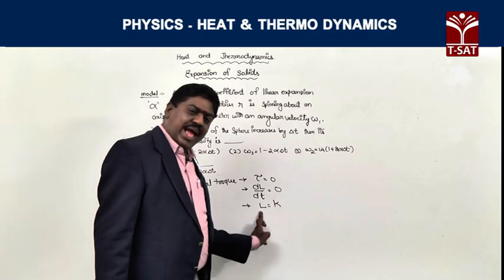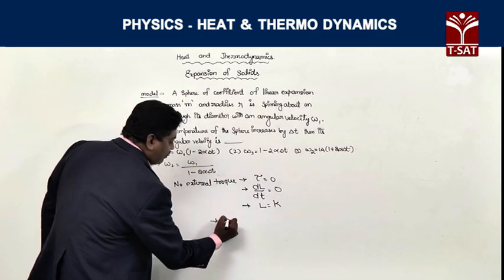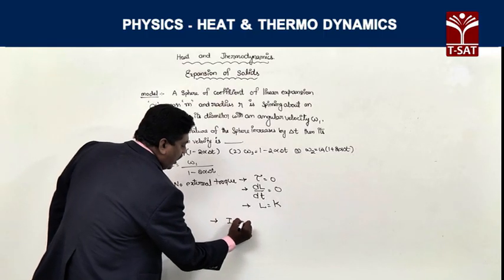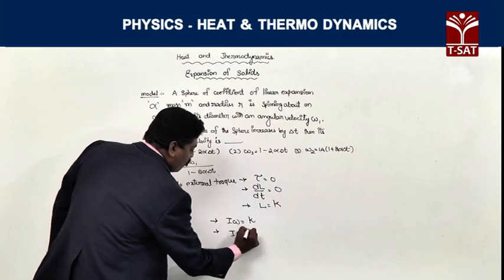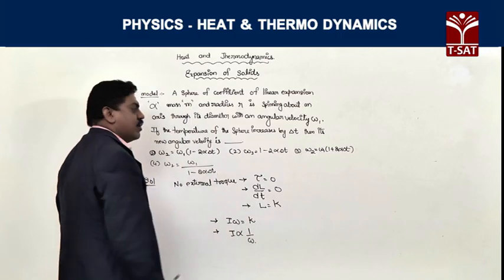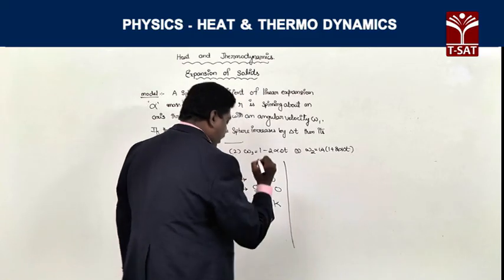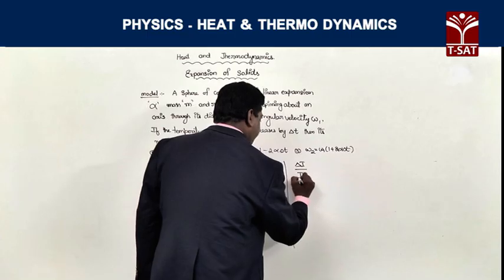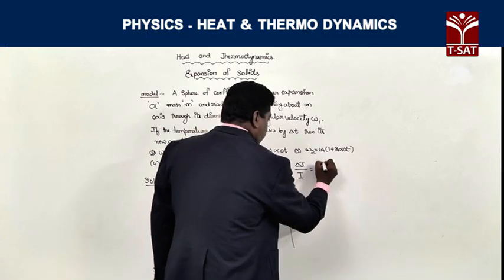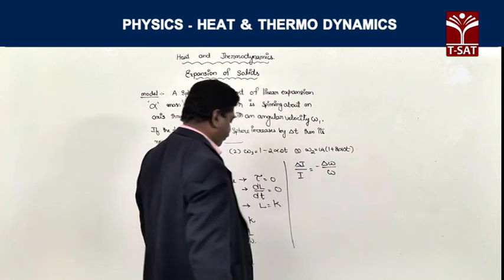So, we can write this as I omega equals constant, so that I is proportional to 1 by omega. From fractional changes, we have delta I by I equals delta omega by omega with a negative sign.